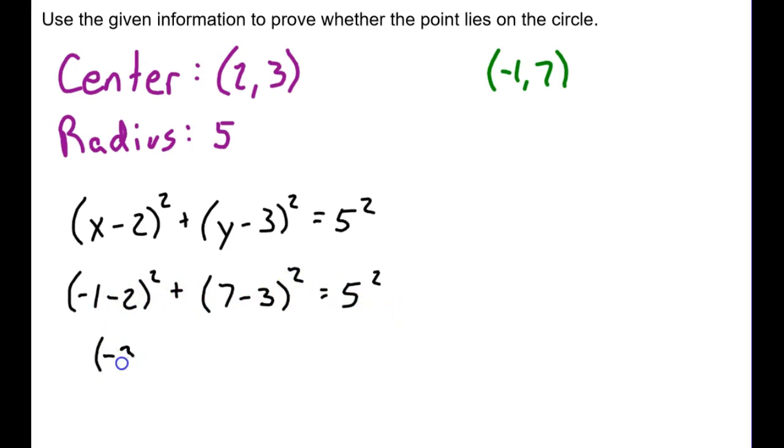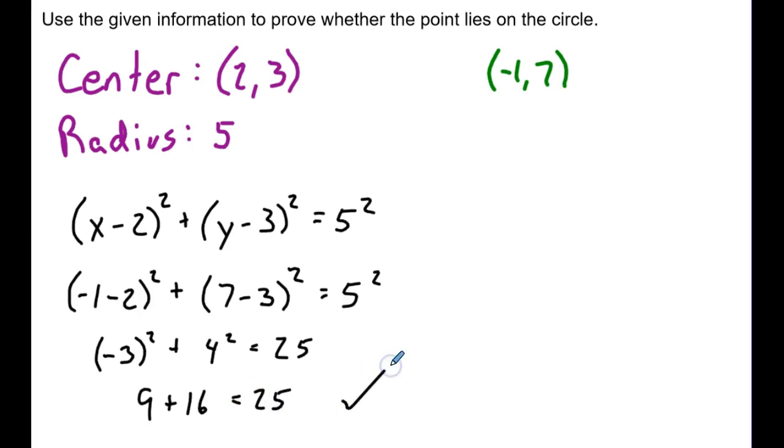Simplifying that, (-3) squared plus 4 squared equal to 25. (-3) squared is 9 plus 4 squared is 16, equal to 25. Thus we get a statement that is true. So this is an algebraic proof verifying that the ordered pair (-1, 7) lies on the graph of the given circle.